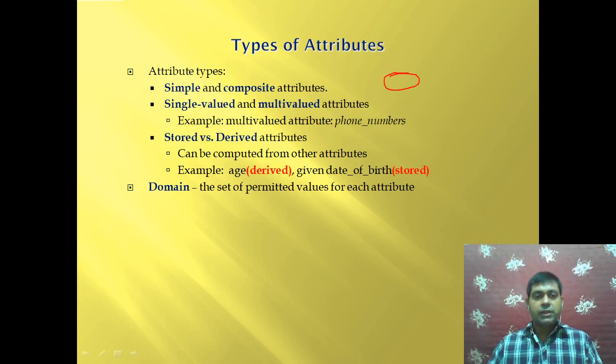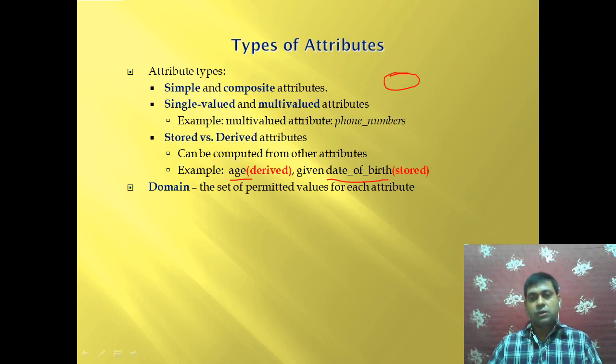Now coming to the next attribute type, that is called stored versus derived attribute. Let's say age is derived because from the given date of birth, which is a stored attribute, we can determine the age. Let's say someone's birthday is 1st January 2000.